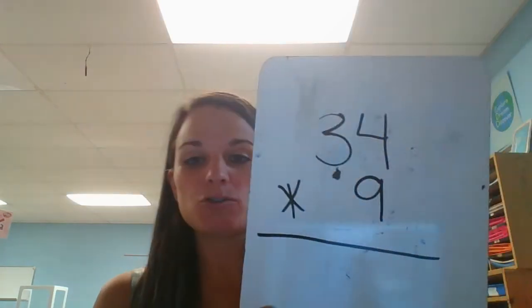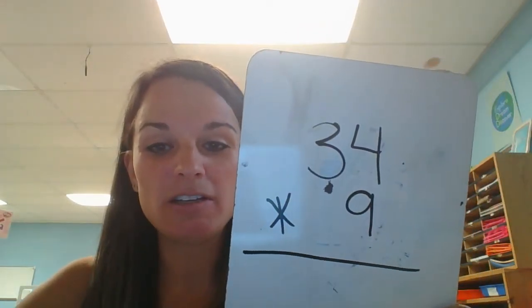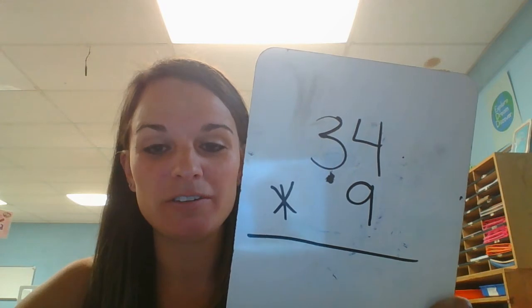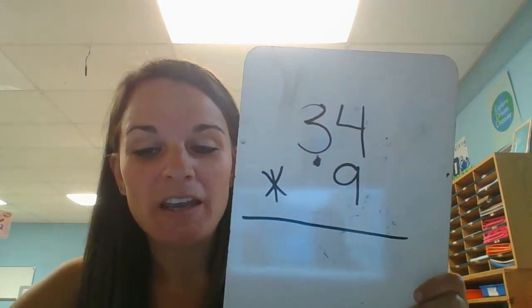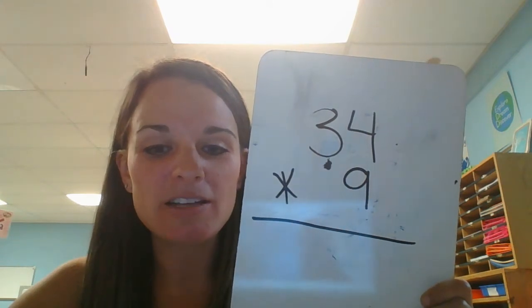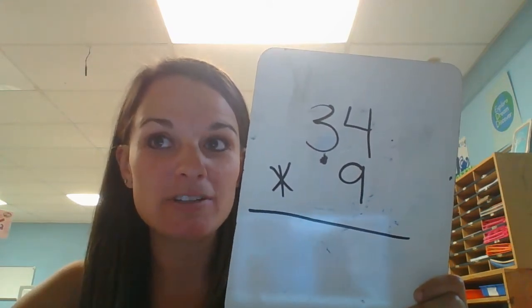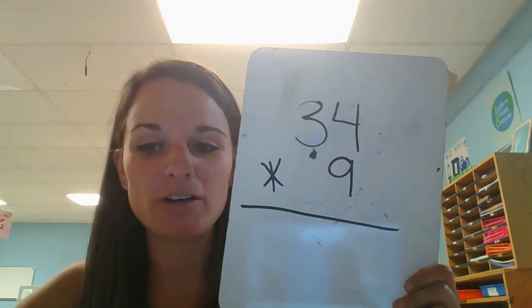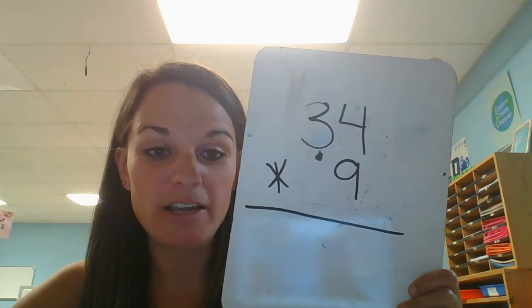I'm going to write out this problem, and I want you to try it on your own using whatever strategy you like, and then I'll talk to you about how we can do it using our strategy today, U.S. traditional. So there's our problem, 34 times 9. While you're getting your supplies and working out this problem, I'm going to be quiet because I know it's hard when somebody's talking and you're trying to work. I'll give you like 30 seconds and you can get your stuff.